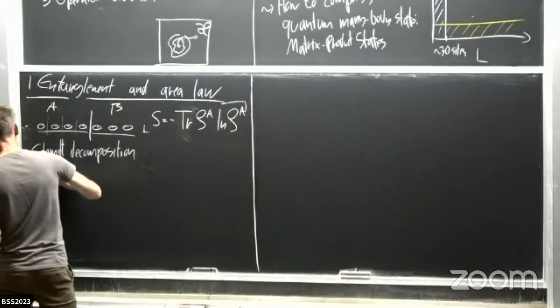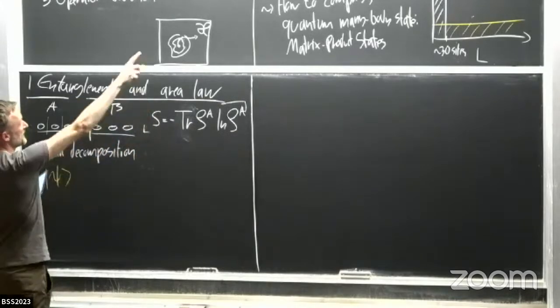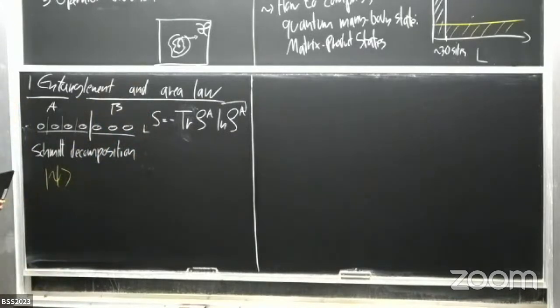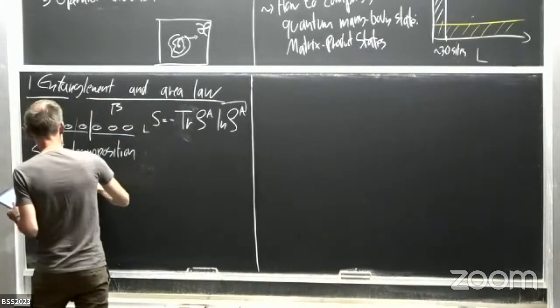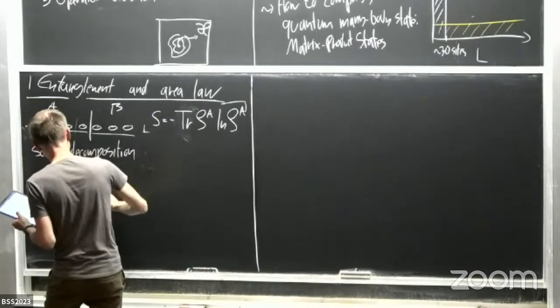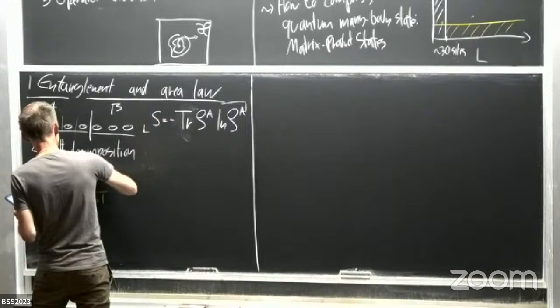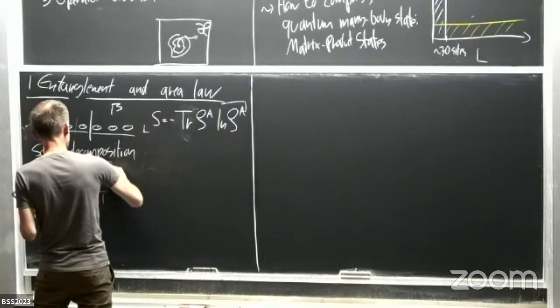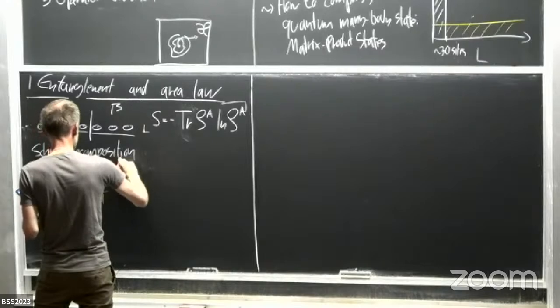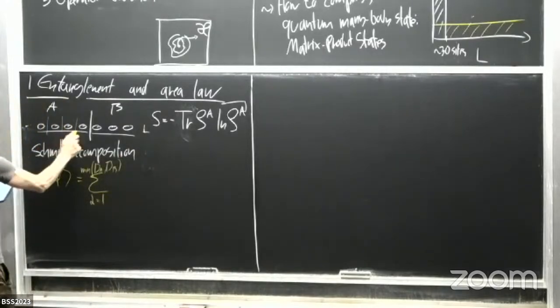So now we could say that we have our many-body wave function as defined up there, and I'm going to write it as a sum over alpha from 1 going up to the minimum of the dimension of A or B. So whatever Hilbert space of those is smaller.